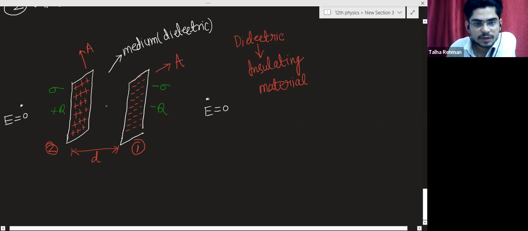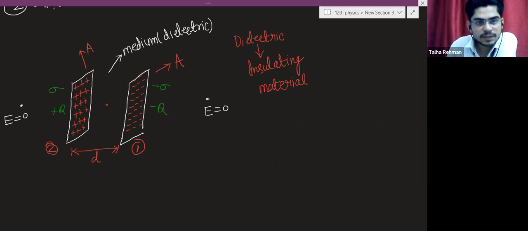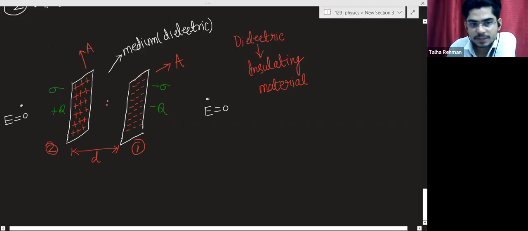So if I want to calculate the electric field at this point, this point is now in dielectric, meaning everything here in this space is dielectric now. The direction of the electric field due to this plate will be like this. The direction of E1 and E2 will not change, but the value of E1 and E2 will change this time.